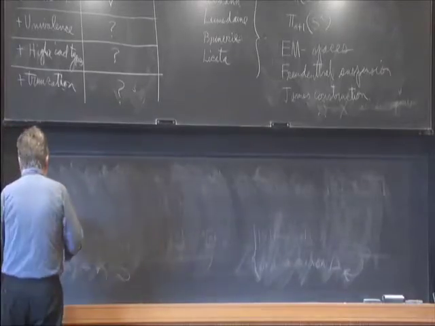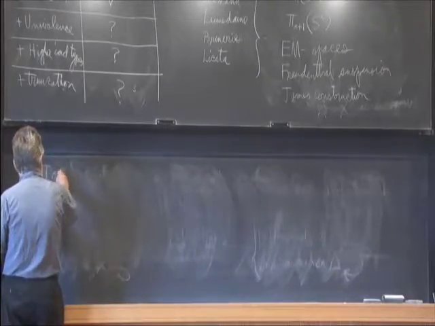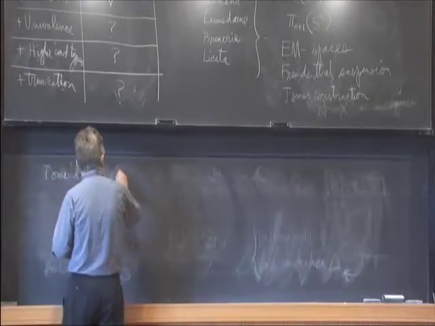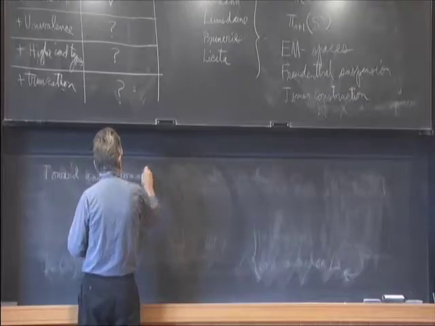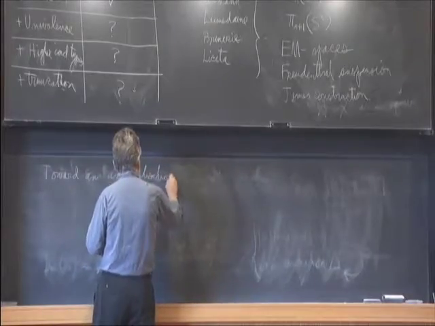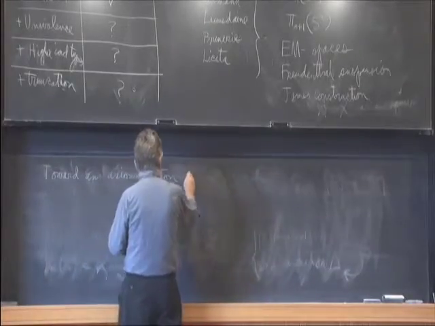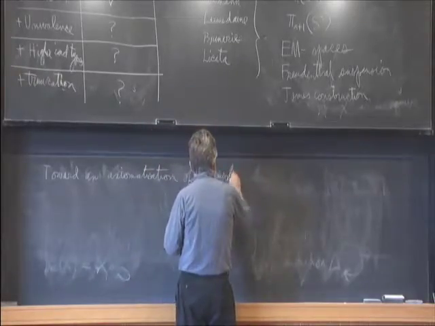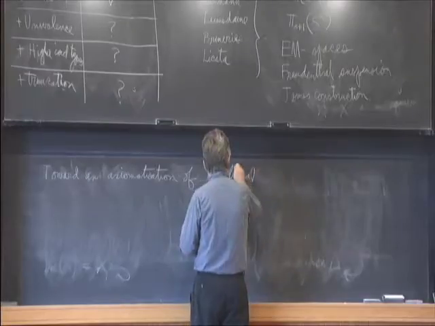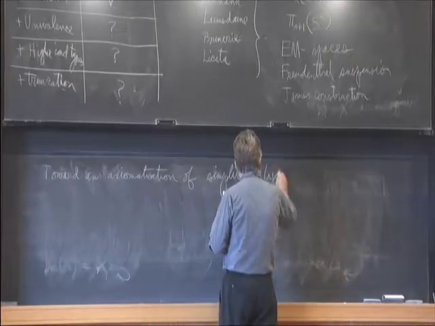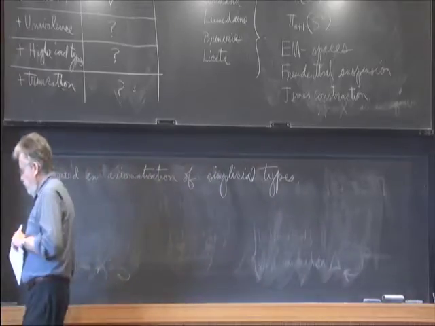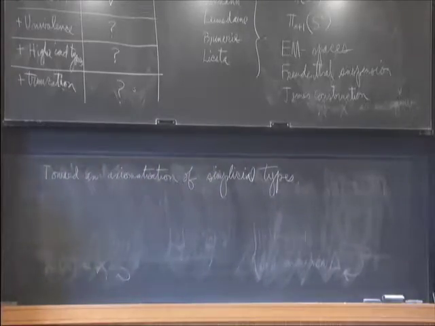So this is what's toward an axiomatization of simplicial types. I do not know which axioms to put there exactly. I know some axioms.